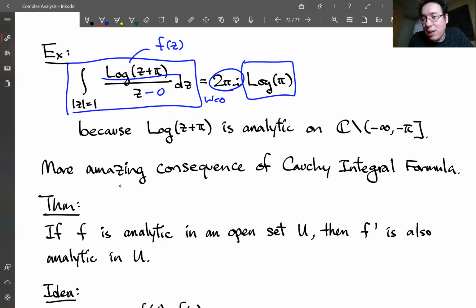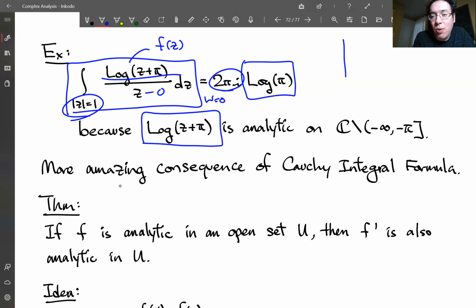We have to have an analytic function on this unit circle. But if you look at the function log of z plus pi, remember the log function is usually defined on a slit plane, where the origin is undefined. Usually we take the negative real axis as a kind of slit so that we have a single valued function defined. But if you have z plus pi, that will shift the whole domain to the left by pi units.